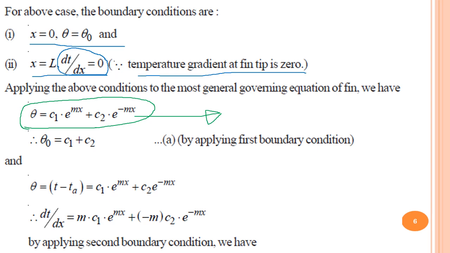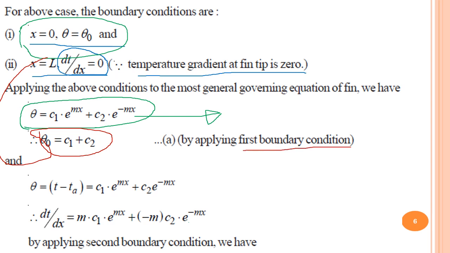When we apply the first boundary condition, we get theta 0 equals C1 plus C2.